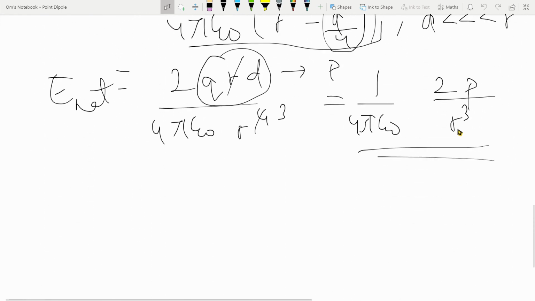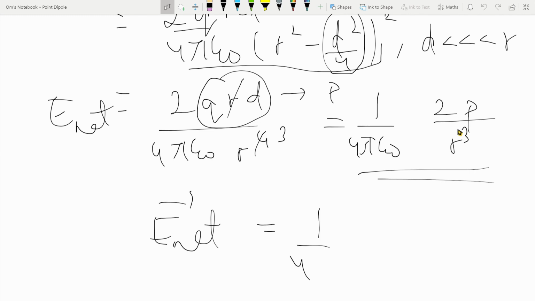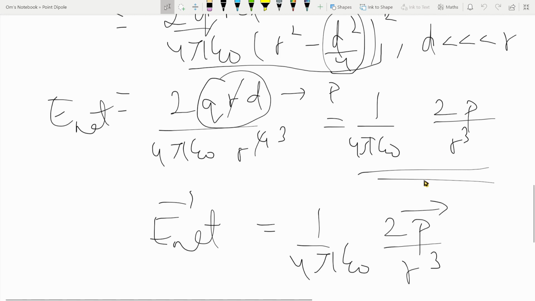So if I were to write this in a vector form, I could write E net is equal to 1 by 4 pi epsilon naught 2p by r cube, only difference being that here I mention p to be a vector. And since the direction of p, that is the dipole moment, is along i cap, it's the same thing. So I could also, if I wanted to, erase this p, and simply write p, but then write i cap to mention the direction being along the plus x-axis.